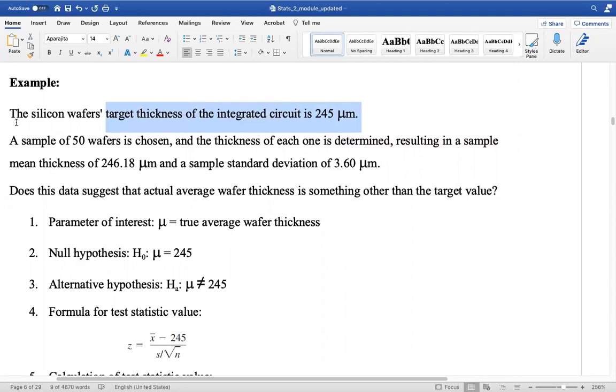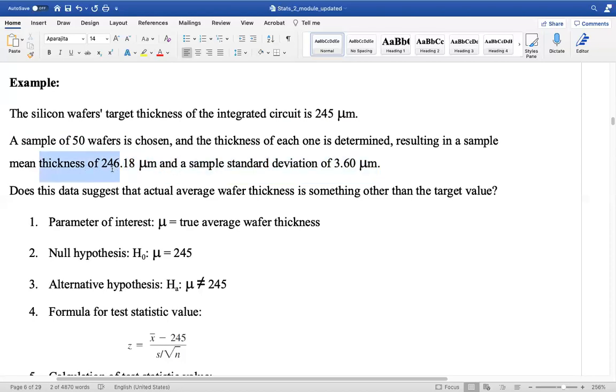Okay, so anyway, this is your 50 samples, and the thickness of each one is determined, resulting in a sample mean thickness. That means this is the sample mean. Whatever the 50 wafers we consider, the average value is 246.18, and the sample standard deviation is this. This is the standard deviation, this is the mean.